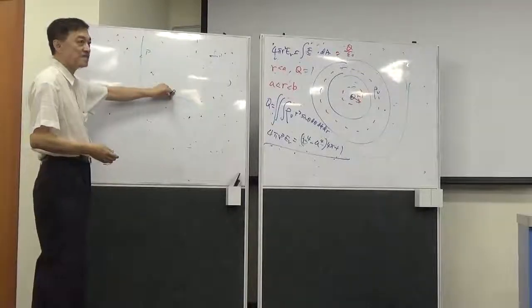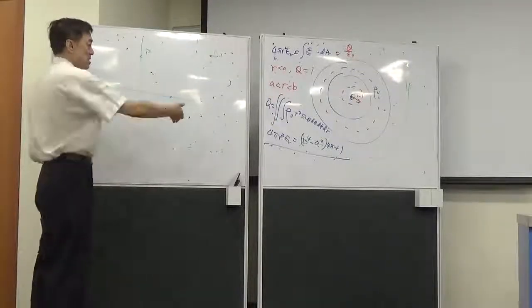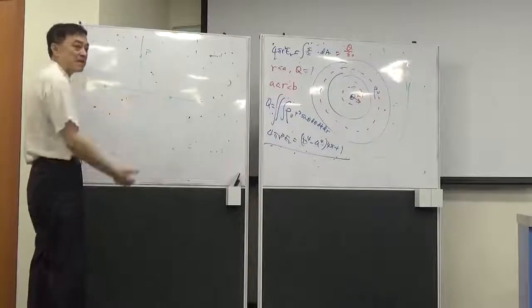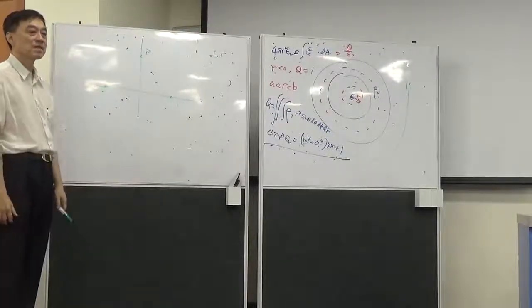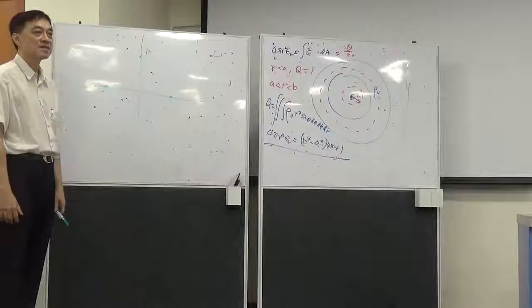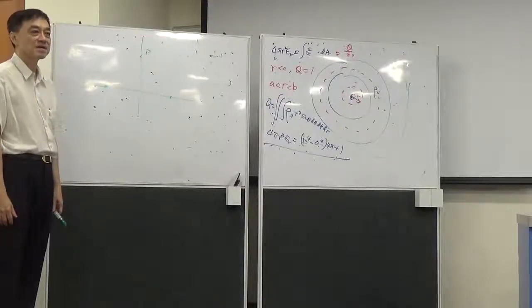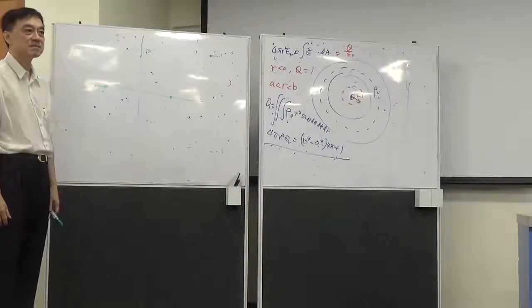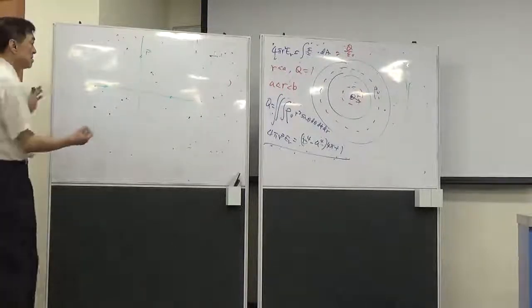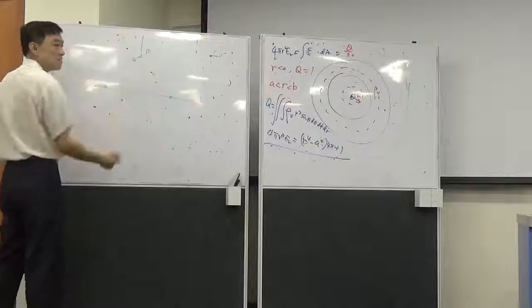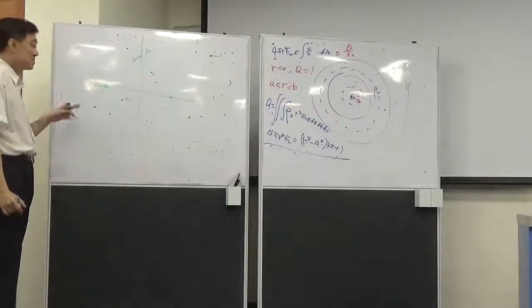If this is your ds, this is a unit vector r, ds cross r, what do you get?